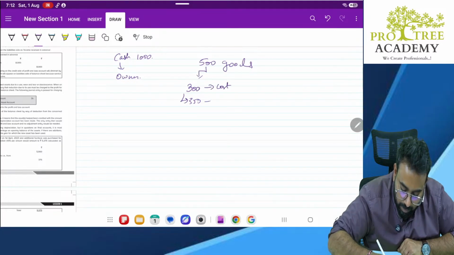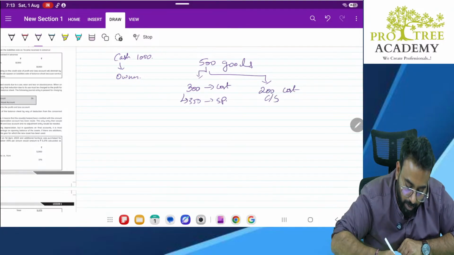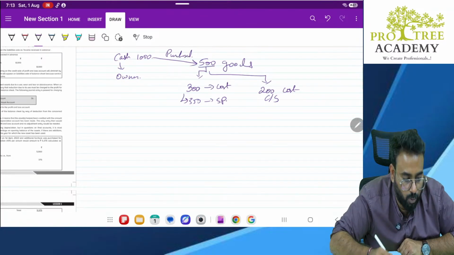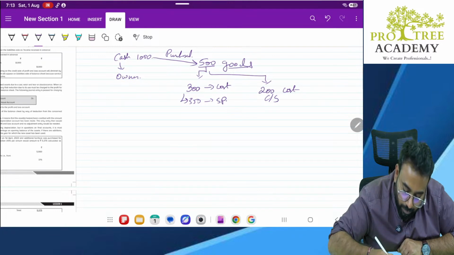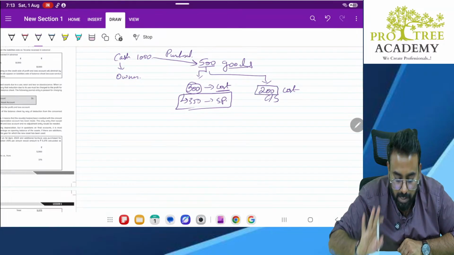Cost, selling price. So what is remaining with us? Remaining is 200 rupees at cost, closing stock. From 1,000, I purchased 500 rupees of goods. Out of 500, goods costing 300 have been sold for 350, and the remaining goods of 200 rupees are with us as closing stock.